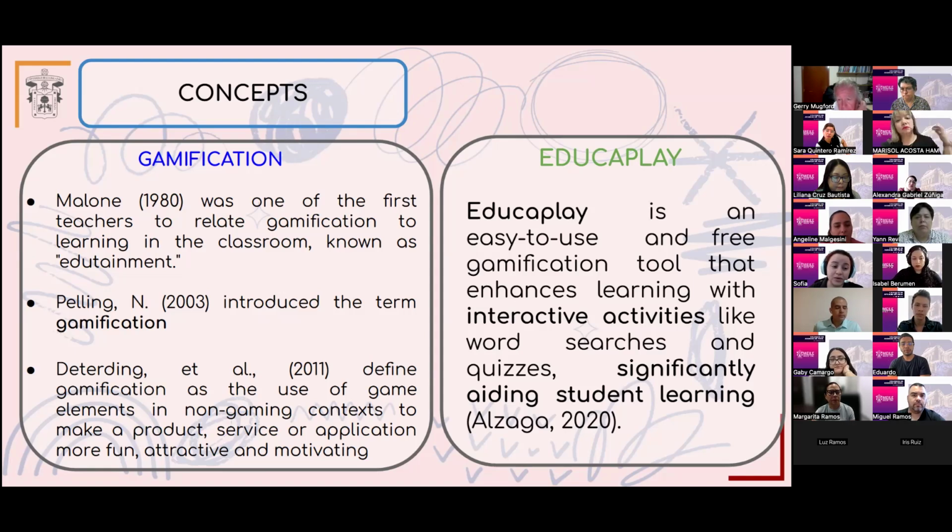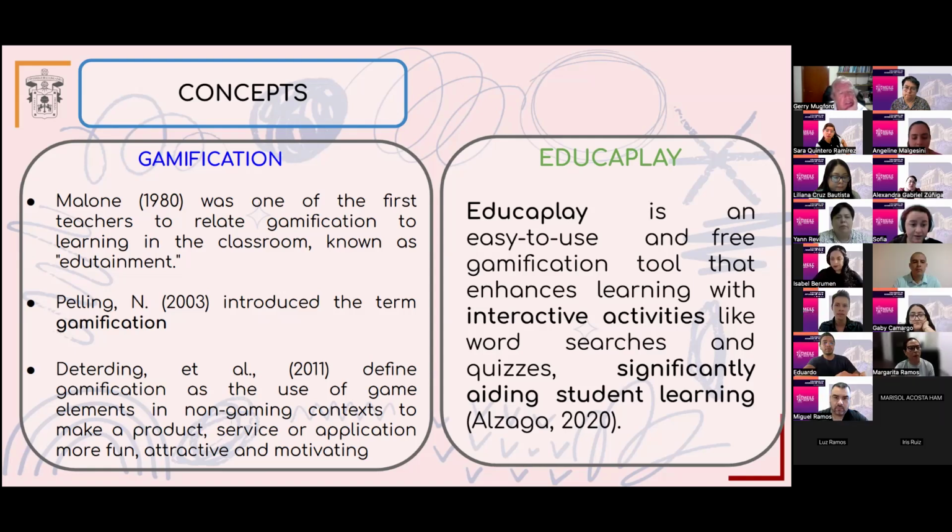In 2002, Healing introduced the term gamification to describe the cultural environment of the game. And in 2011, they defined gamification as the use of game elements in non-gaming contexts to make a product, a service, or application more fun, attractive, and motivating.